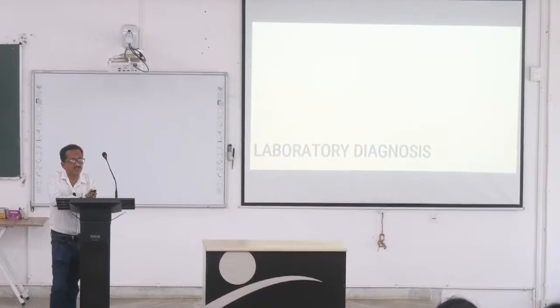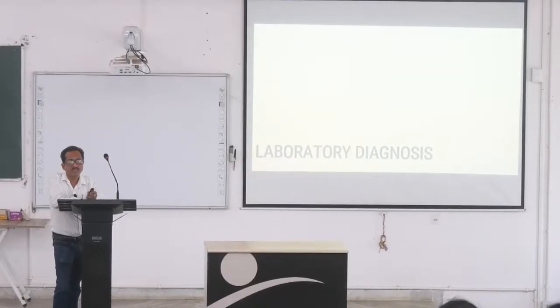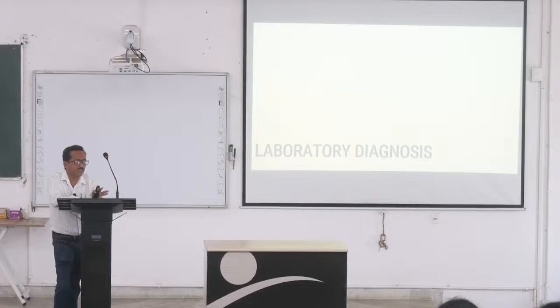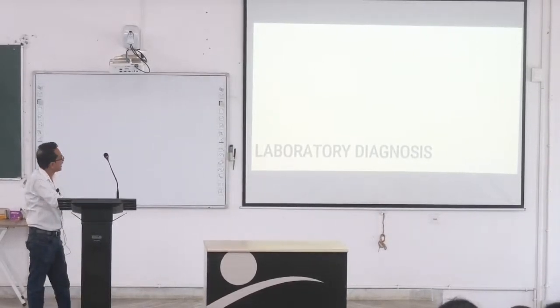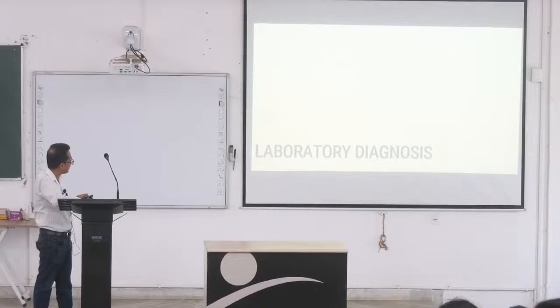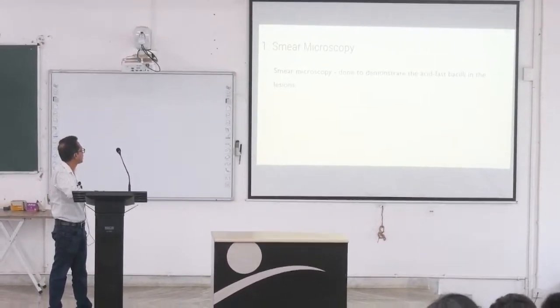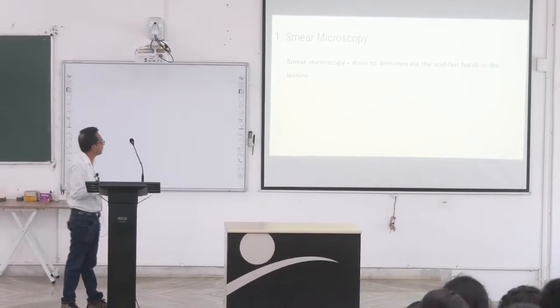But what is the difference from tuberculosis? There we use 20% or 25% acid. Here it is less acid-fast, so we use 5% sulfuric acid, 5% H2SO4. That is the main difference.